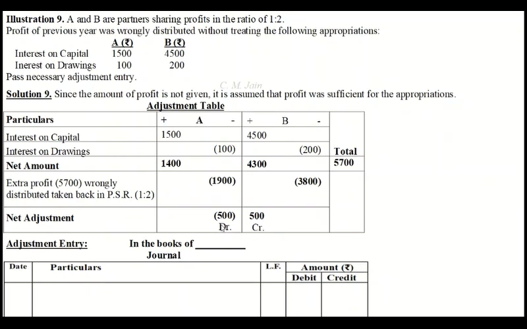We have to debit A's capital account and we have to credit B's capital account. So A's capital account debit to B's capital account 500 rupees. In narration, we will write capitals adjusted for rectification of appropriations.